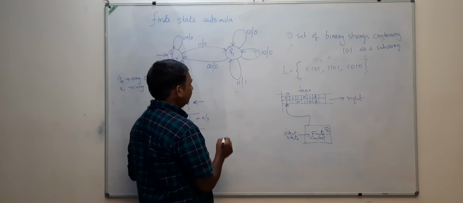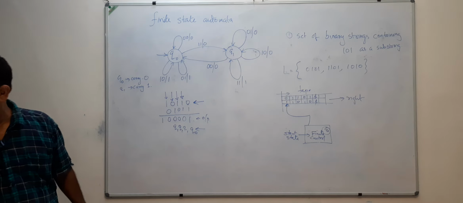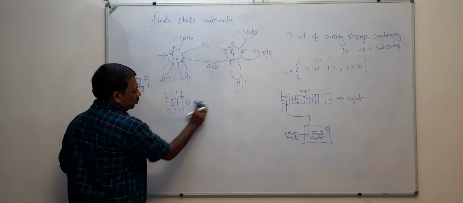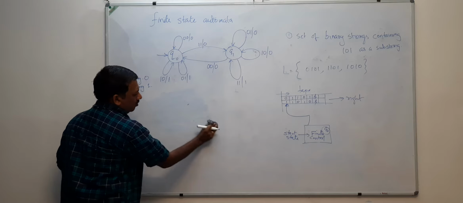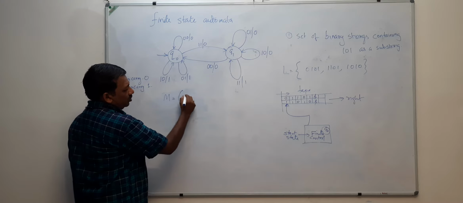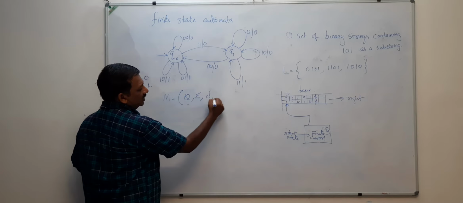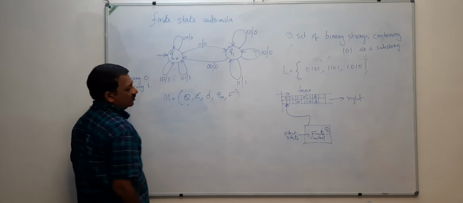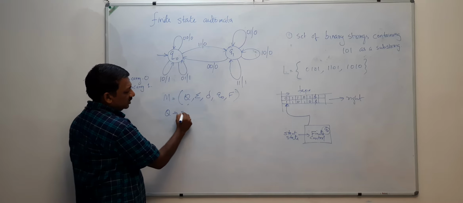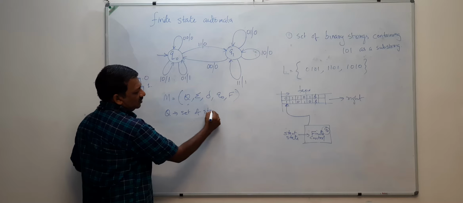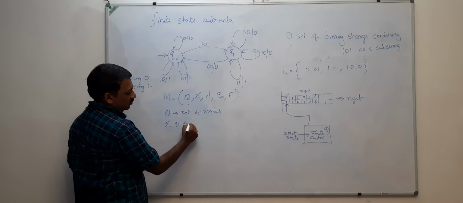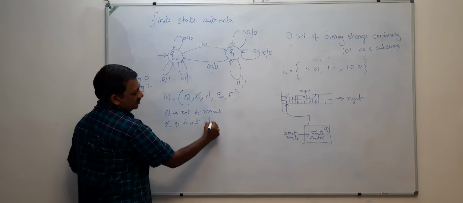A finite automaton can be represented as M = (Q, sigma, delta, q0, F). Q is the set of states. Sigma is the input alphabet.